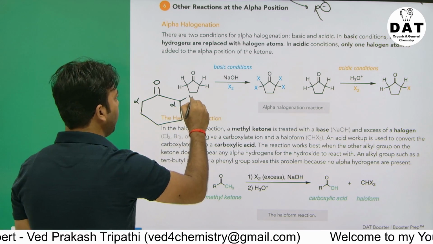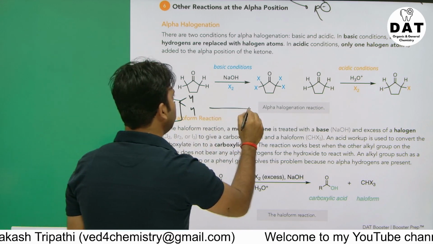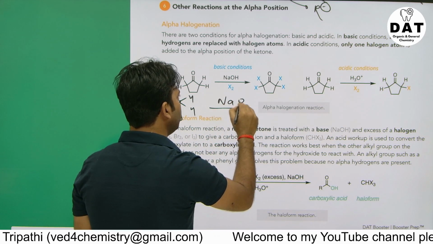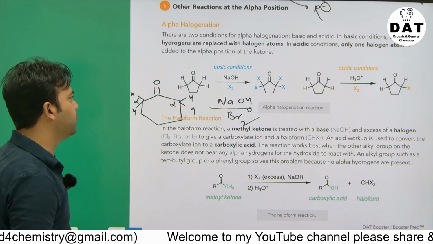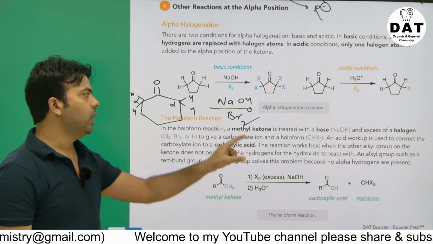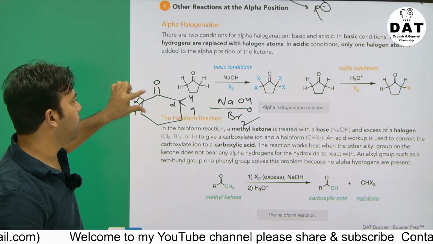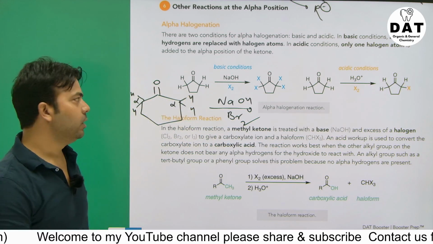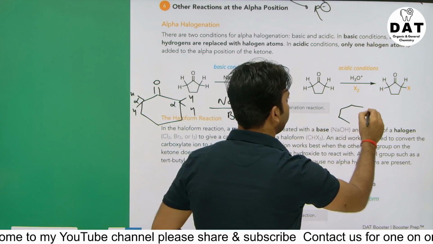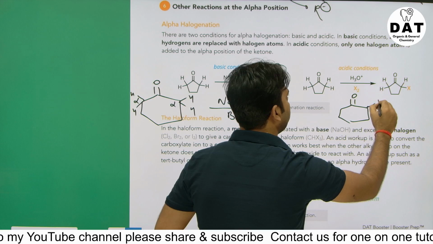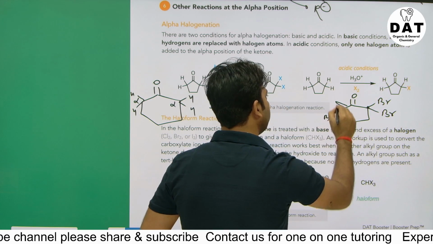Here you have 2 hydrogens, here you have 2 hydrogens. And suppose here I am saying NaOH and Br2. We all know NaOH is a strong base, so it means the medium is basic and Br2 is my halogen. So all the alpha hydrogens are replaced by bromine, and that is called the basic condition. So my product will be this. Here Br, here Br, here and here as well. Clear?